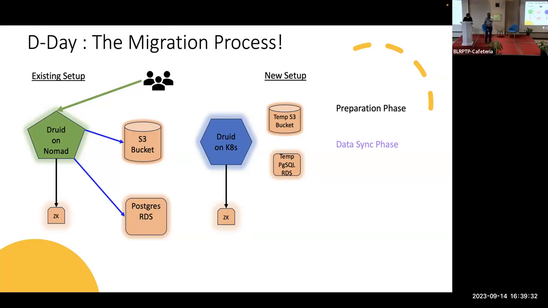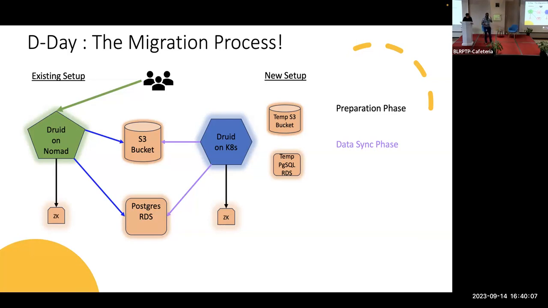Like Shiv has earlier mentioned, the components responsible for data ingestion are the overlord and the middle managers, so we will stop the overlord and the middle manager on the Kubernetes side. Then we will disconnect the metadata storage and the deep storage from your temporary components, and connect to the S3 bucket and the metadata storage of Nomad. Now, why did we stop the overlord and the middle manager on the Druid side?